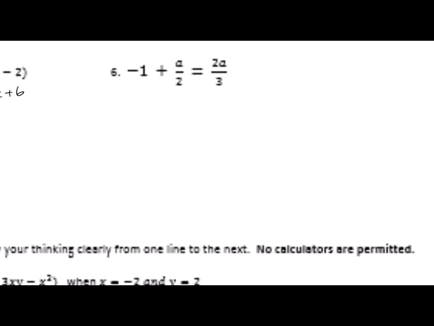So for this next problem, what we need to find is the lowest common multiple and multiply across every single fraction.